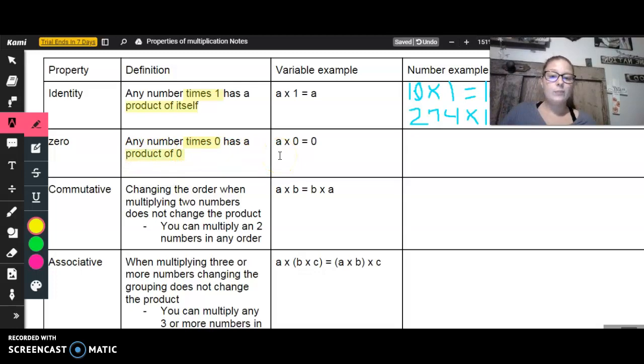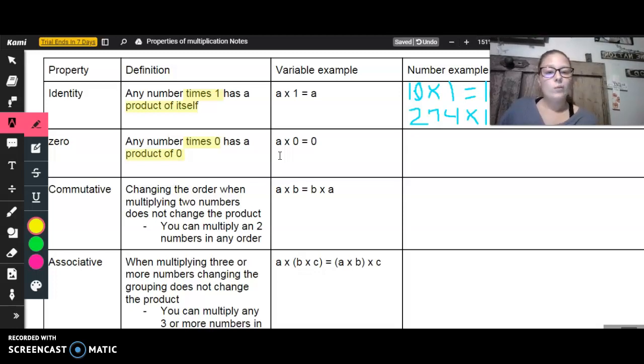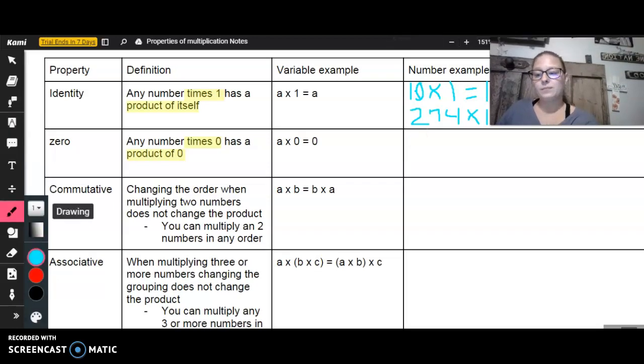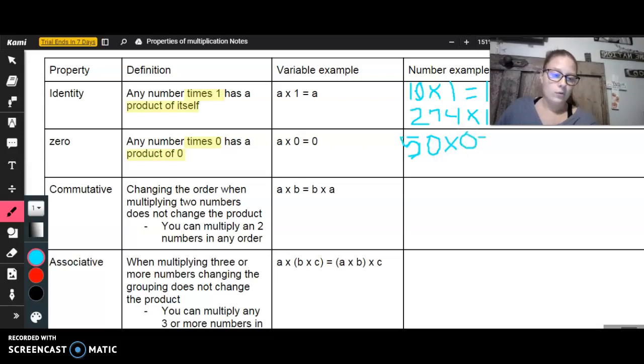So our variable example is a times 0 equals 0. It's pretty self-explanatory that if you multiply something by 0, it's 0. So let's do a practice problem. We'll do 50 times 0 equals 0.